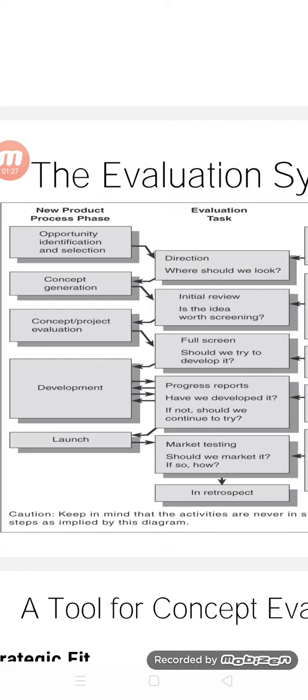So every stage has a different evaluation task that needs to be done by the product management.